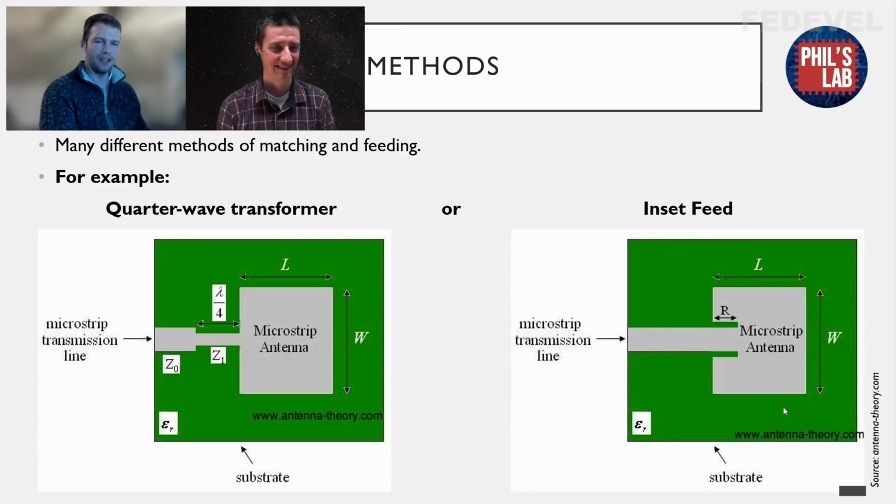Another way was using this inset feed. On antennatheory.com, there are quite a lot of explanations of how this might work. I must say I did skim over it because it seemed a bit more involved than just doing this on the left with a quarter wave transformer. Because you are also damaging some part of your antenna this way. Exactly, yeah. And that to me seemed like, okay, maybe this is a path I shouldn't venture down just yet.